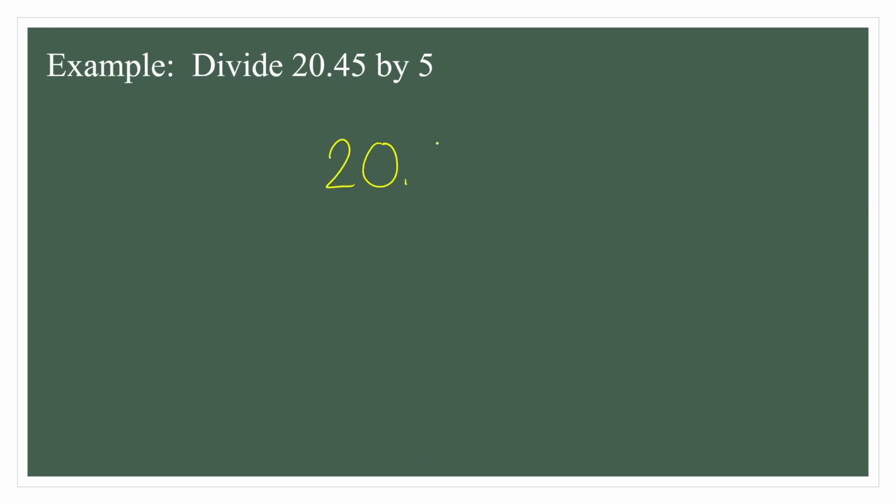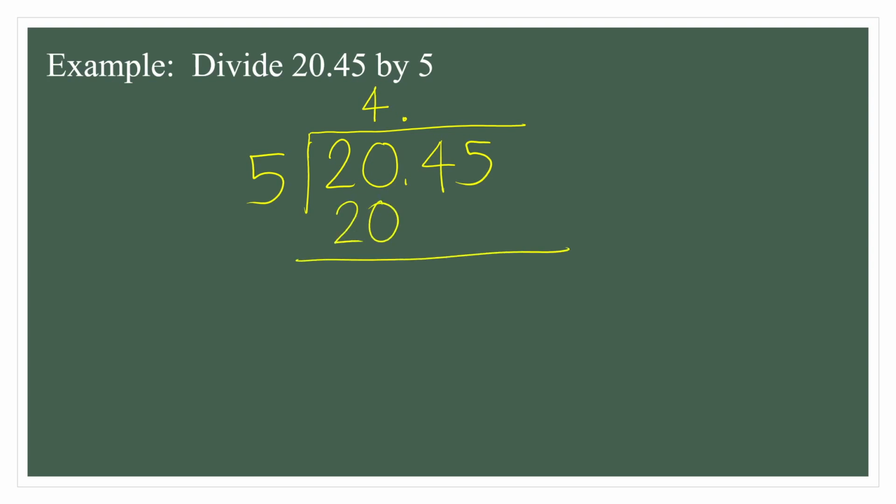20.45 divided by 5. The decimal point, ibutang nato daan. 20 divided by 5. 4. This is 20. Bring down 4, right? What will you do next? 0.